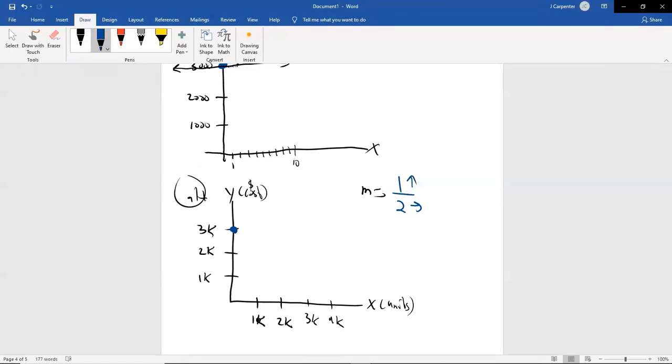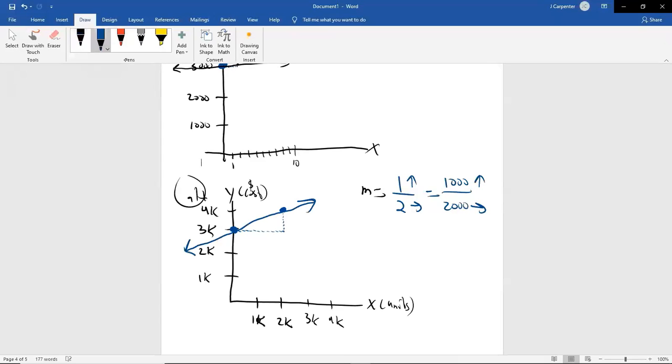Since this is in thousands, this is in thousands, this would be equivalent to having 1,000 over 2,000. So every time we go right 2,000, we're going to go up 1,000, which means I'm going to need to have a height of 4,000. So I'm going to go right 2,000, and then I'm going to go up 1,000 units.